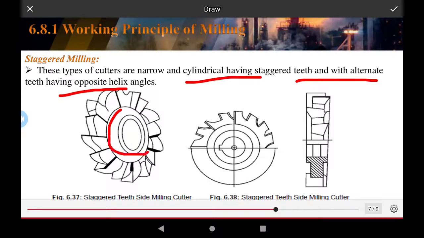This is the opposite angle of the cutting tool on the surface of a straddle side milling cutter, and this is the other type of milling cutter. The front face and side face of the milling cutter are the same as the side milling cutter.